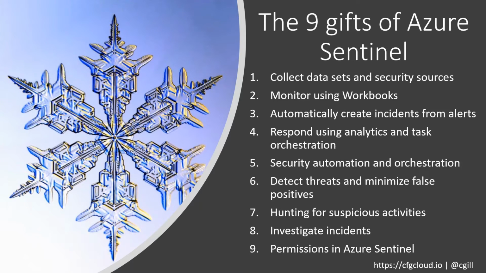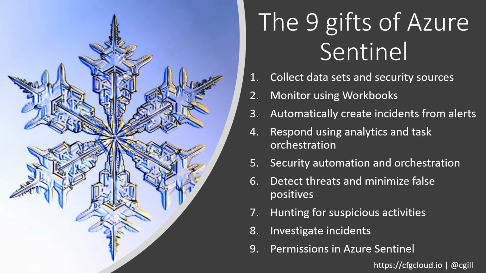Here's what I'd like to share with you today in what I call the 9 gifts of Azure Sentinel. Some of these we'll be going through in a live demo, while others we'll cover in a slide. But most importantly, we need to make sure that we start by creating a data set in security sources and ingesting those into the Log Analytics workspace. We'll then move into monitoring using workbooks and potentially automatically creating incidents from alerts.